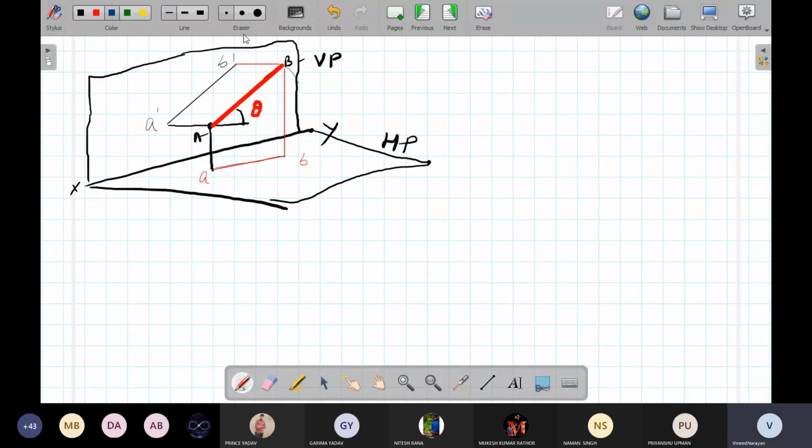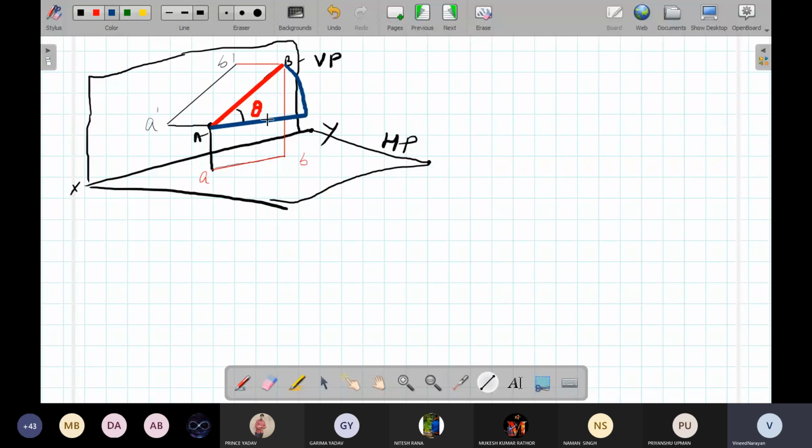We can use a thicker line. So I am rotating this line till it becomes parallel to the horizontal plane. Now you see, after rotation, it becomes parallel to the horizontal plane.